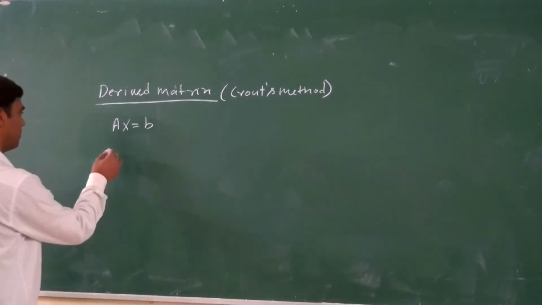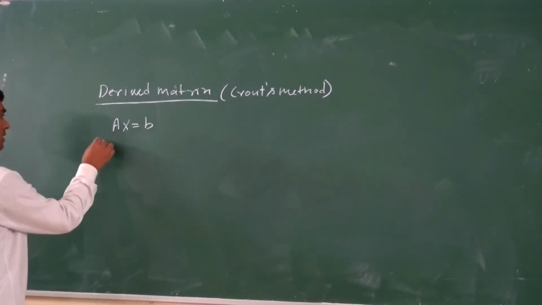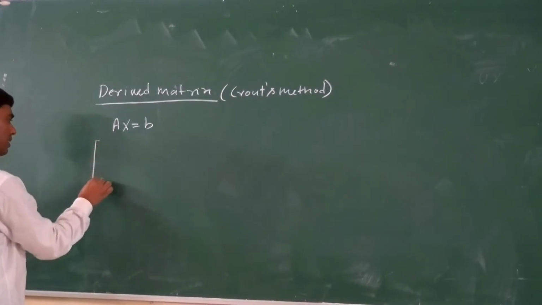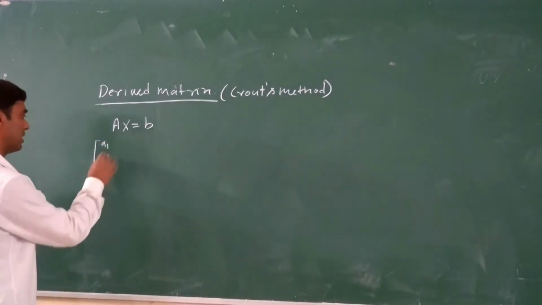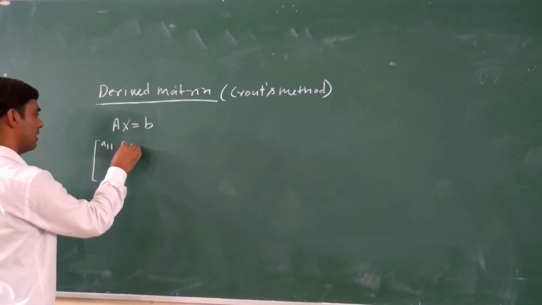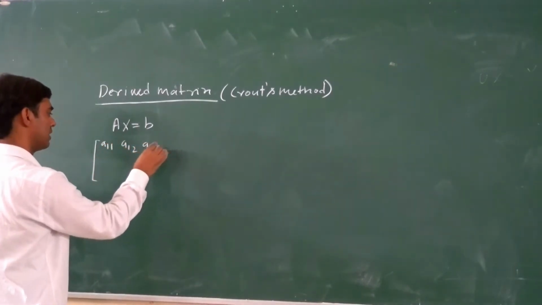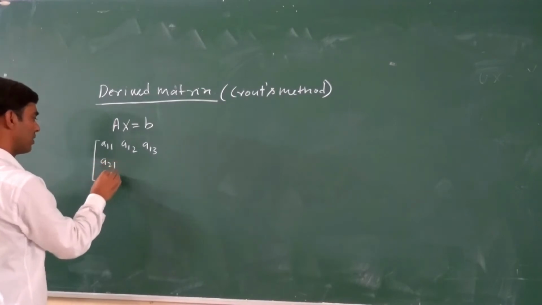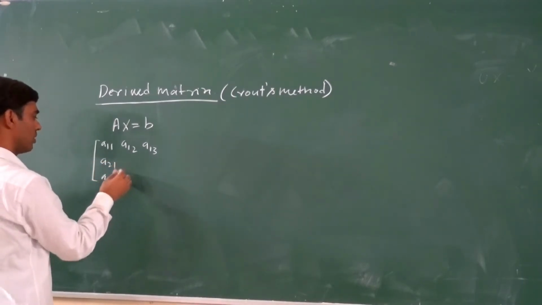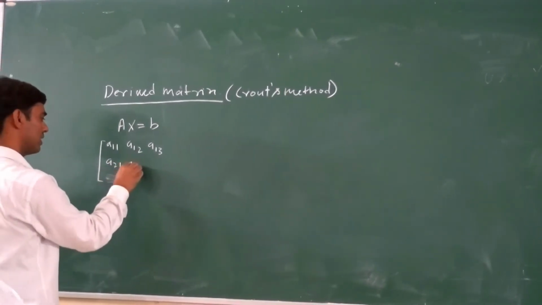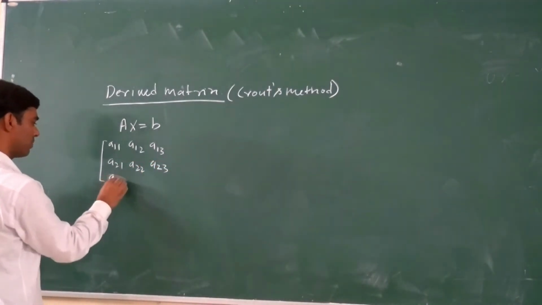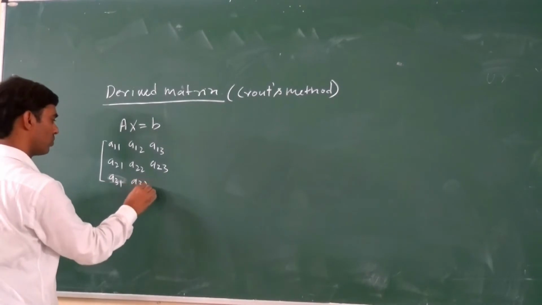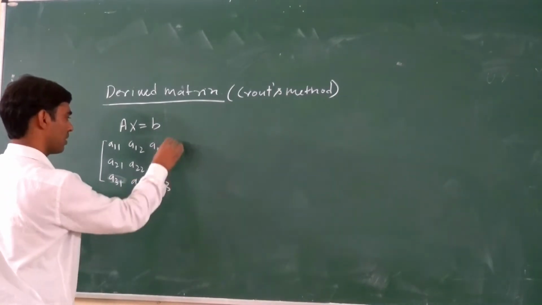And what is the augmented matrix? Here, for the sake of simplicity, we only consider a 3 by 3 matrix: A11, A12, A13, A21, A22, A23, A31, A32, A33.